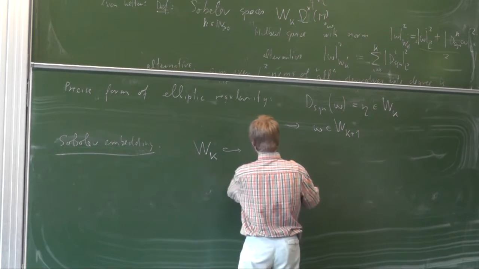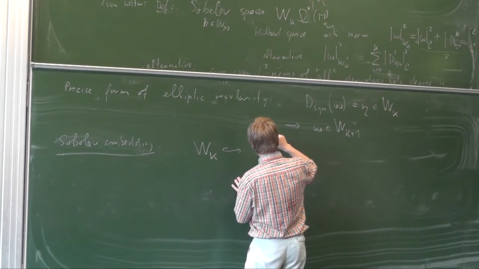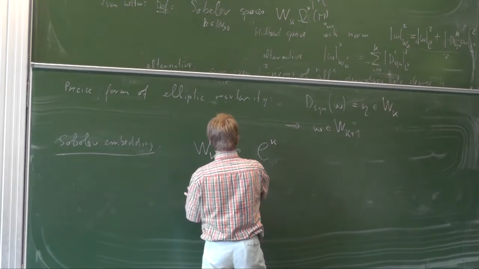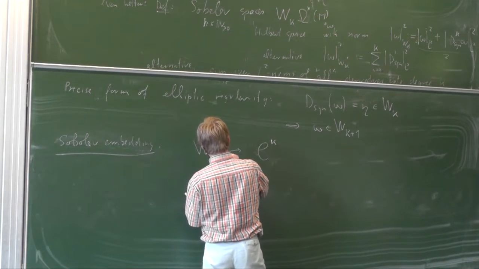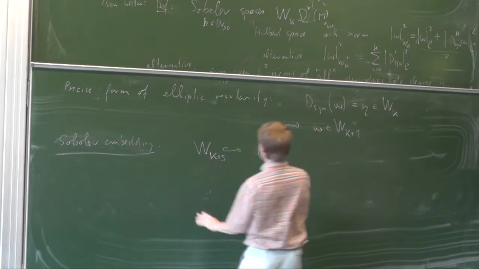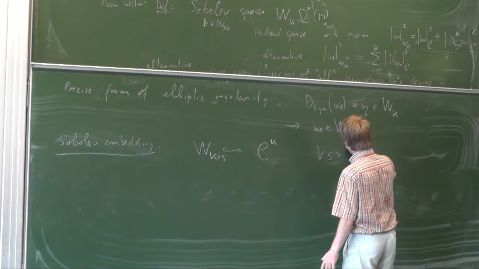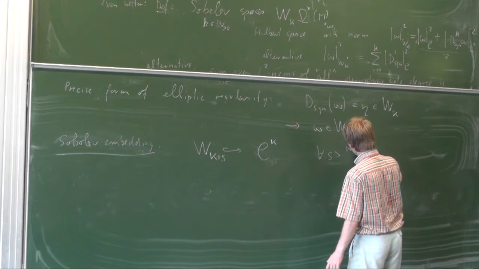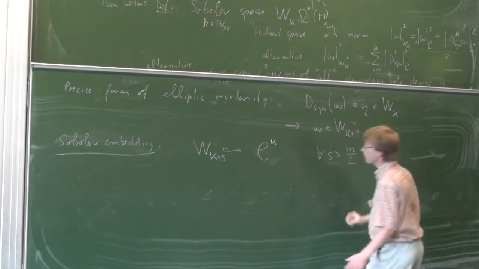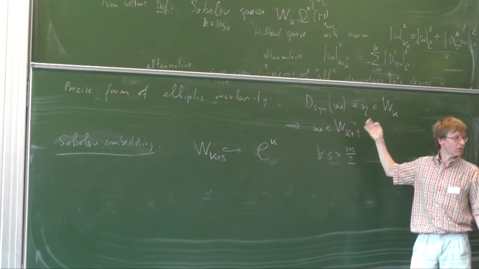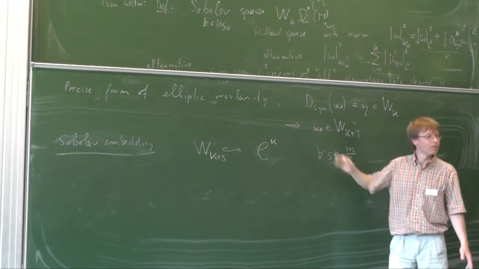So if we want to end up in k times differentiable functions or forms, we need S to be bigger than the dimension of the manifold over 2. Okay? So there is not such a huge difference between this Sobolev differentiability and the standard one, but there is some.